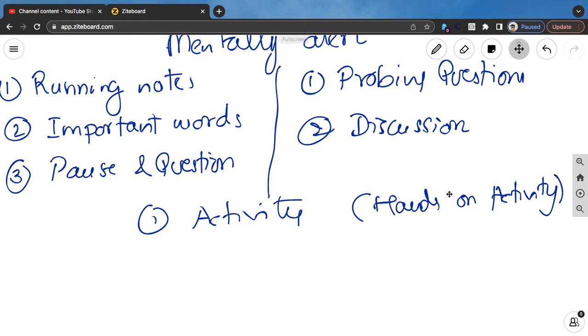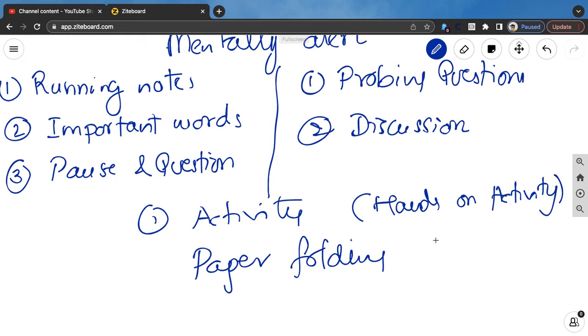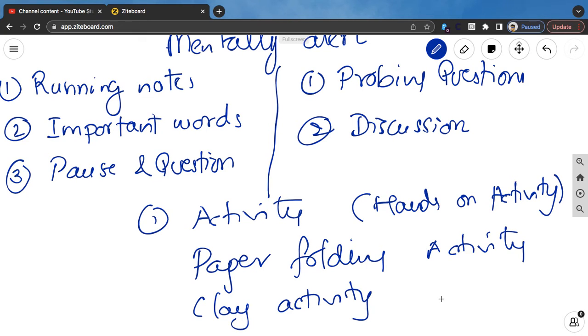You can have a paper folding activity in a geometry class where you're teaching them about quadrilaterals. You can have a clay activity in geography where you're teaching them about contours or maps or about different landforms like plateaus, valleys. You want them to use clay and build the models, right?